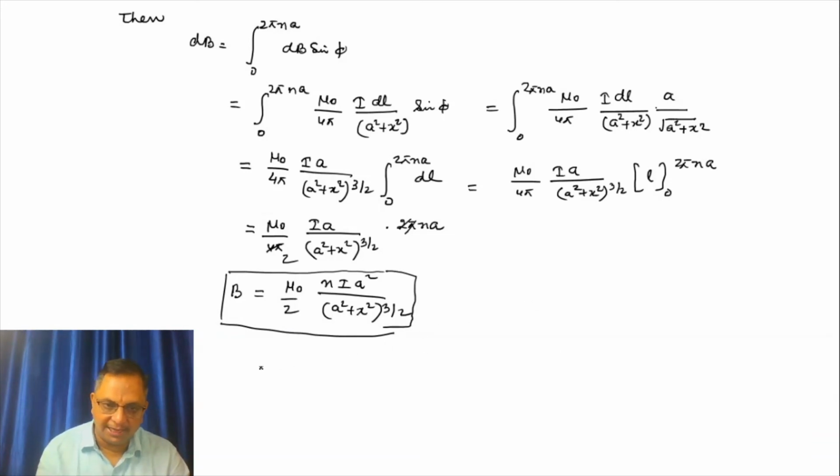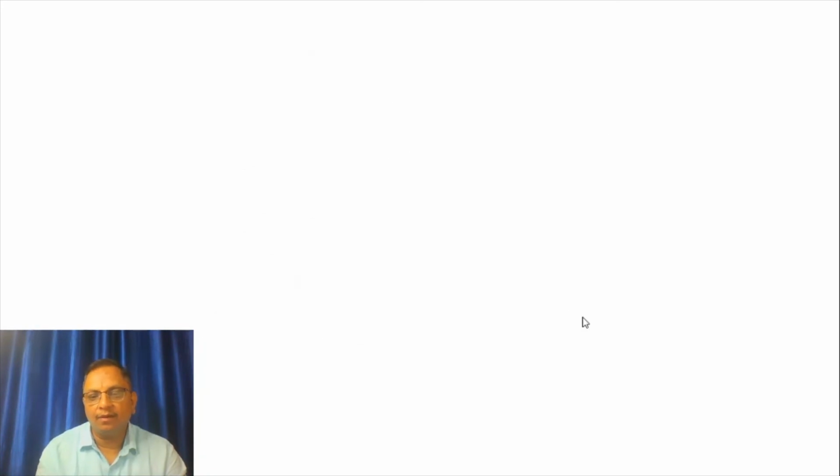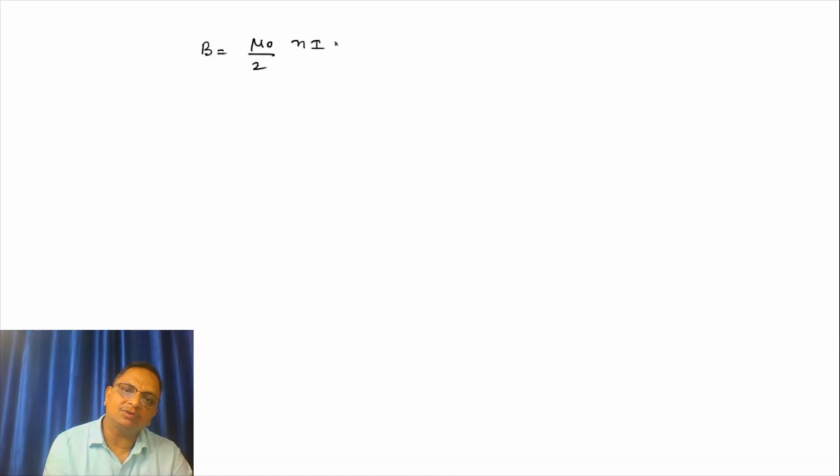If we take case 1, where x is 0, then what will happen? We put the value and we get mu 0 over 2 n I a square over a square to the power 3 by 2.